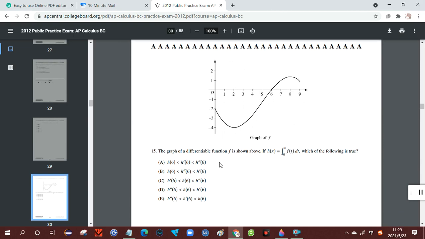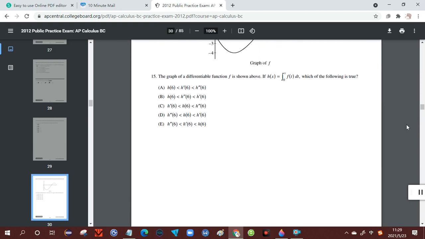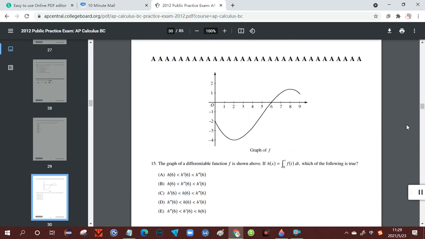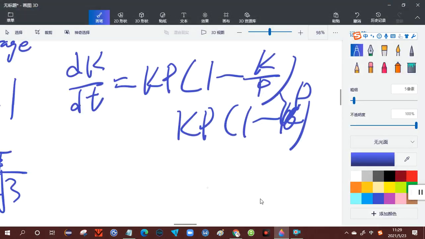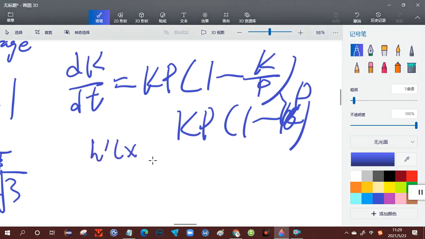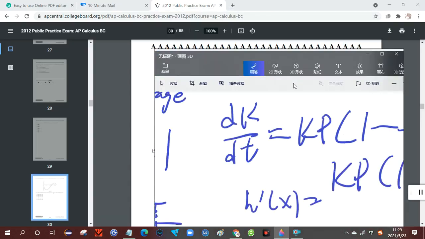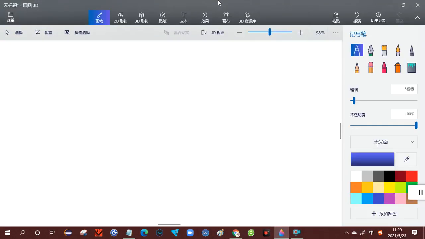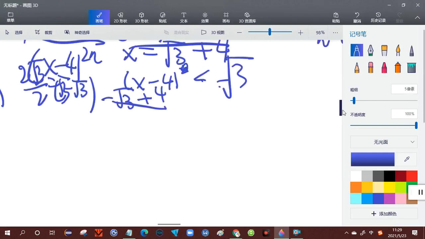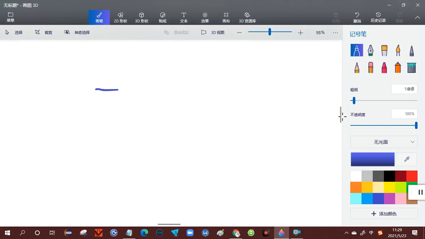Now let's look at problem 15. Which of the following is true? To do this problem, we can first understand the fact that h'(x) is equal to f(x).